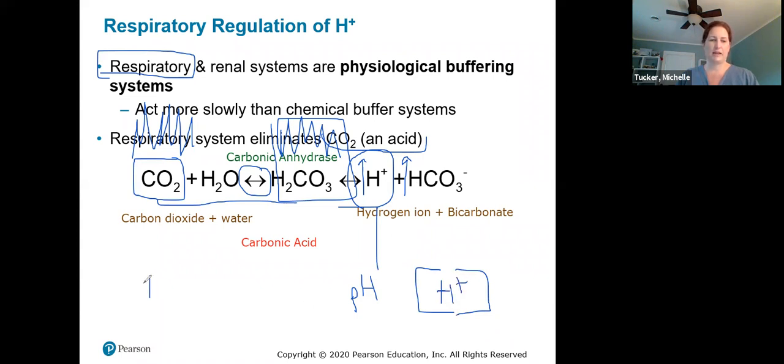So as hydrogen ions increase, pH, the value, is going to decrease and things become more acidic. Remember, a lower pH indicates higher acidity, higher hydrogen concentration.